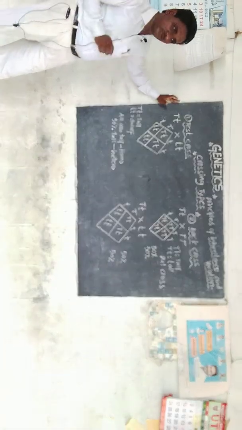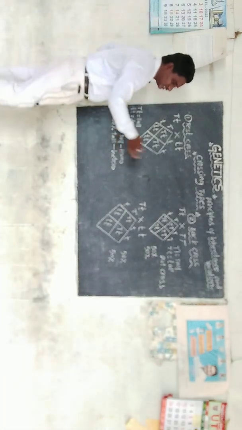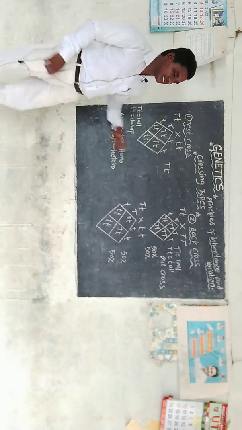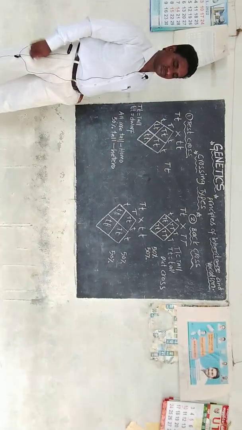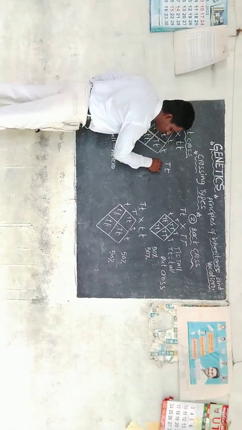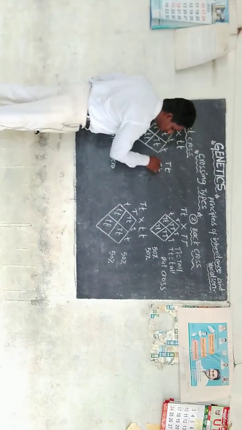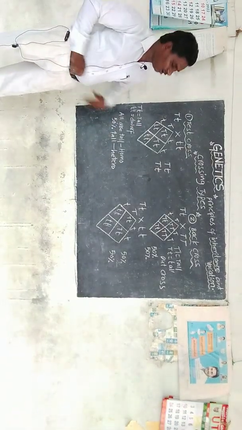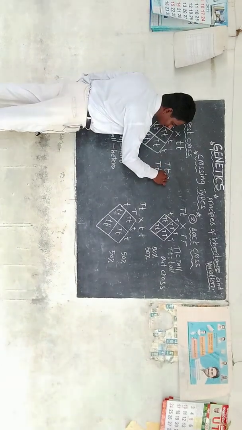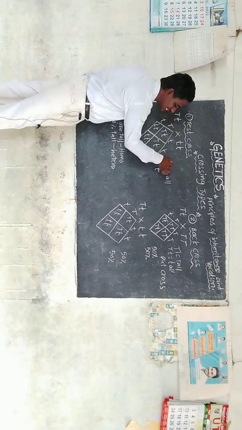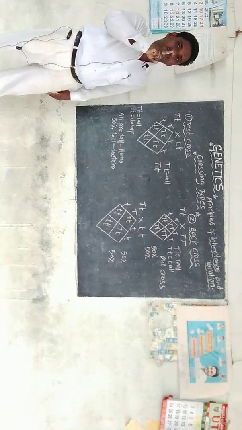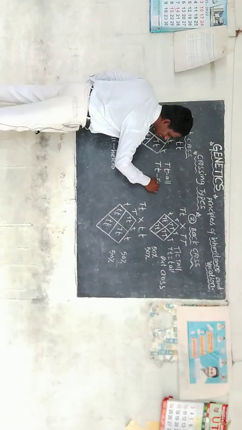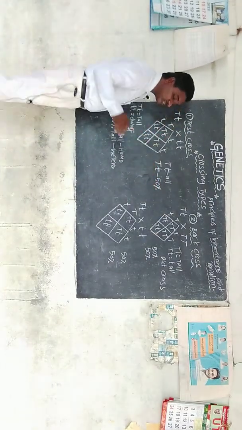In the previous video, we have seen that in the first generation, all are tall plants with capital T, small t, heterozygous tall. In the second generation also, 50% are tall plants with capital T, small t, heterozygous tall.